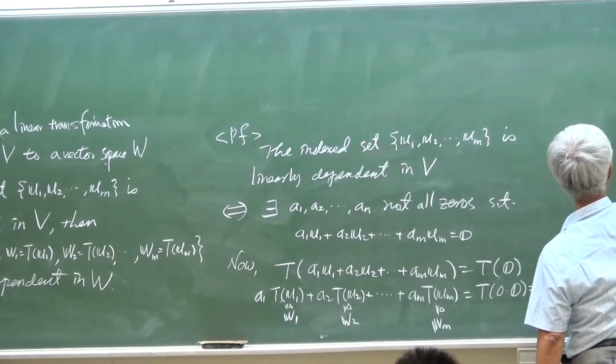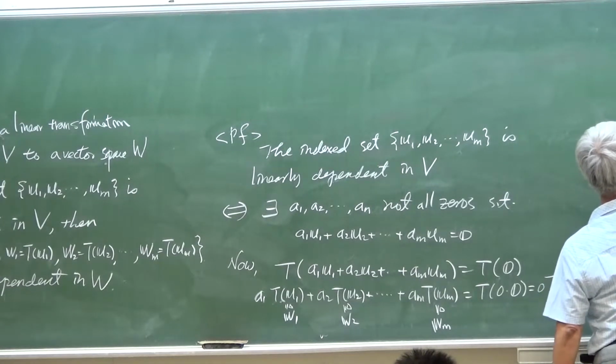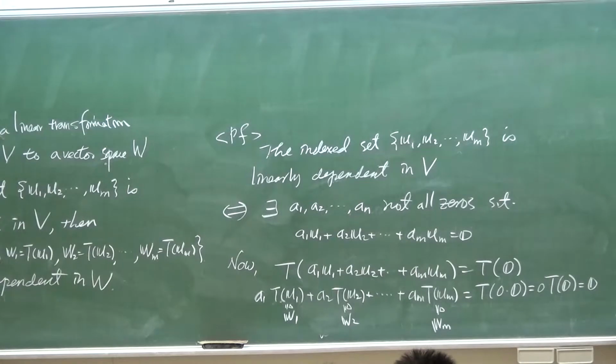So we have a1 W1 + a2 W2 + ... + am Wm equal to 0.